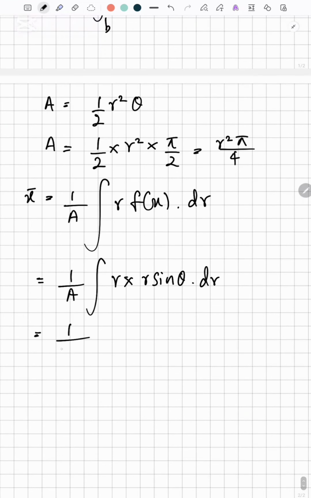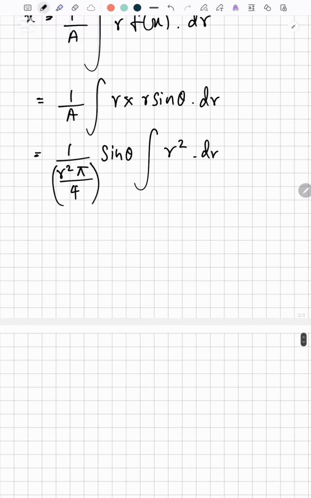And your area is r squared pi over 4. We can put that in now. We can take sine theta outside because we have to integrate. Sine theta is going to be a constant, right? Because we are going to integrate r squared. So what's the integral of r squared? That is r to the power 3 over 3, right? So into sine theta. And when you take the reciprocal, it's going to be 4 over r squared pi.